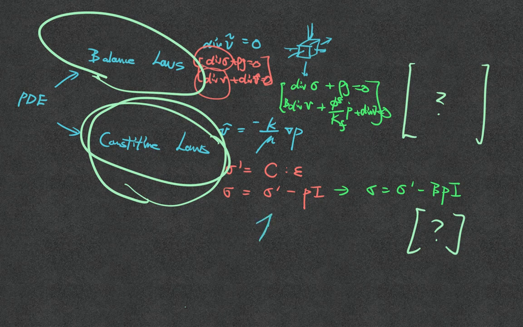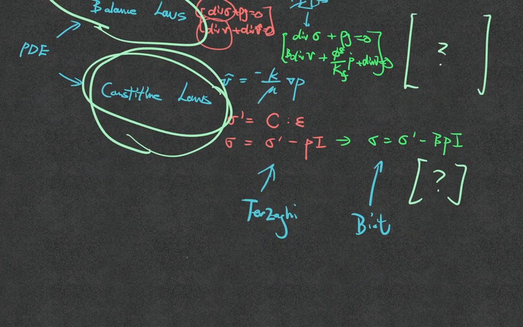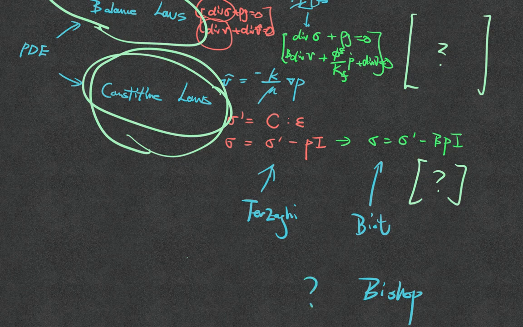Go back to the big picture. Here I have the Terzaghi, and here I have the Biot. Now, in order to model the unsaturated one, I need another one. Anyone know the answer, what it is? I need the Bishop's effective stress. So what is this? That is what we need to talk about.